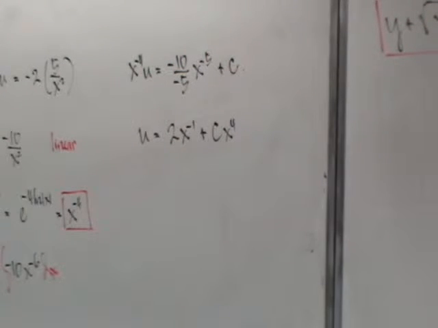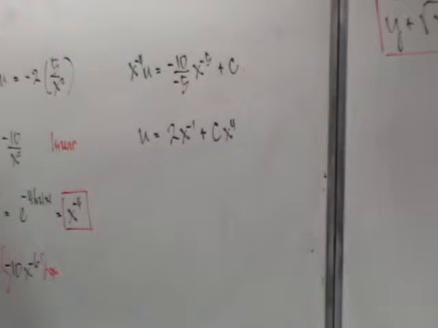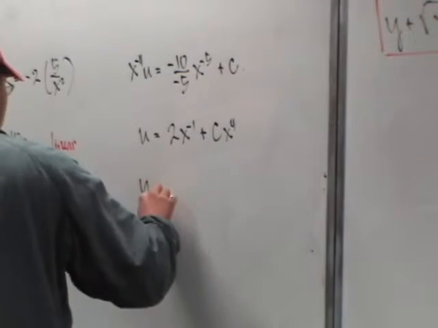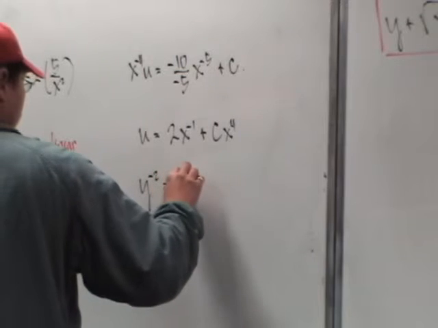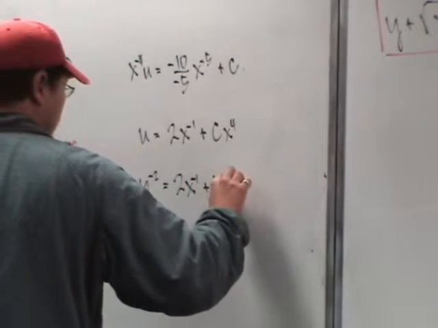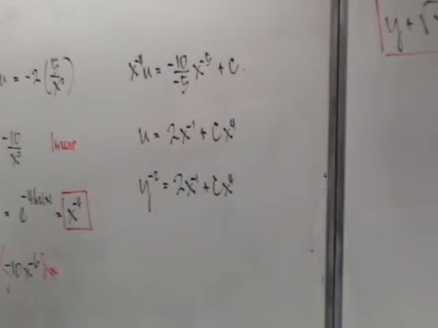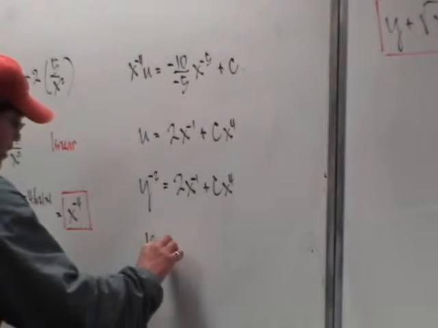Everyone's good so far? Finally, put back the y. u is equal to y to the negative 2. So y to the negative 2 equals 2x to the negative 1 plus c x to the 4. That's good enough, but the book might want you to write it like this.